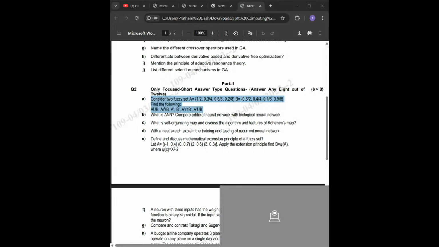Easy. What is ANN? ANN is artificial neural network. It's a similar structure to the neural network in our brain.